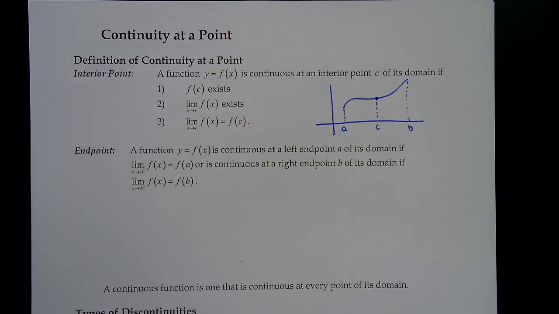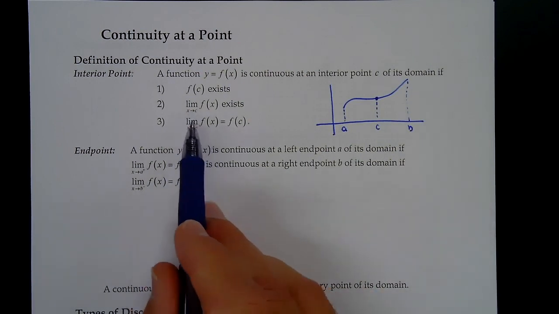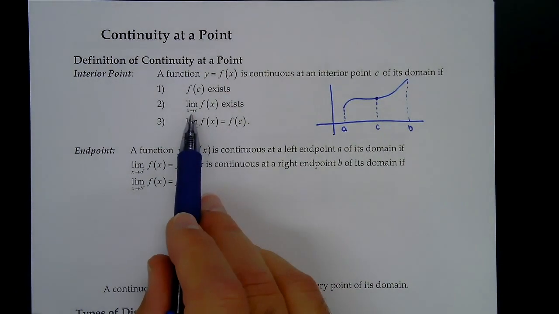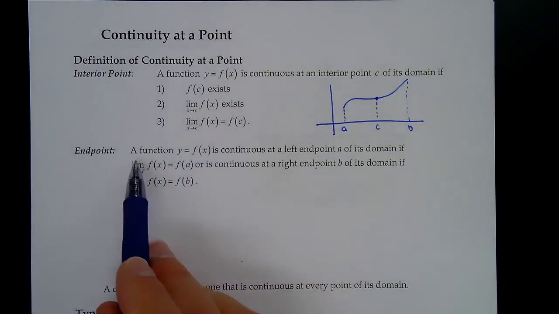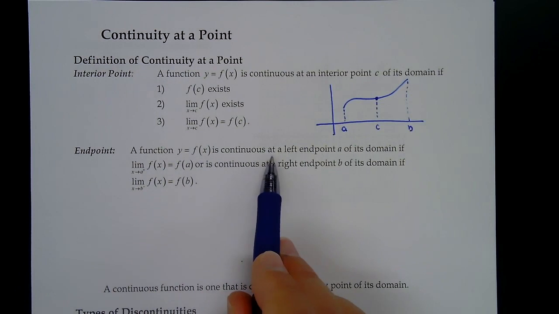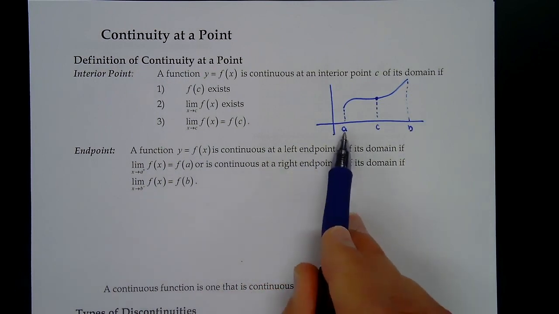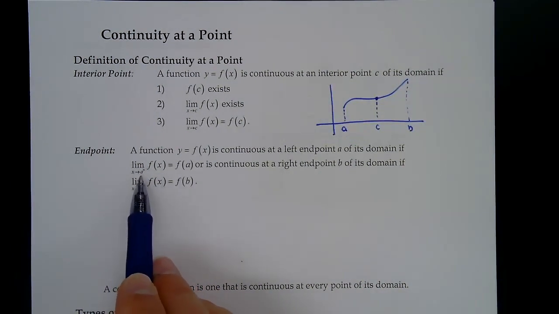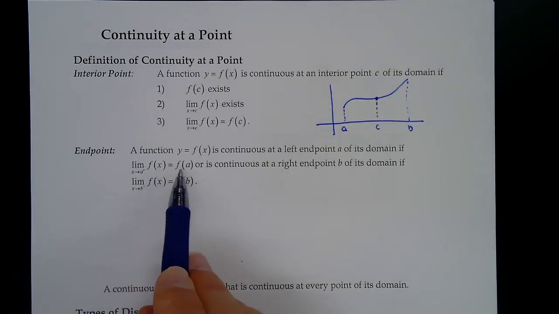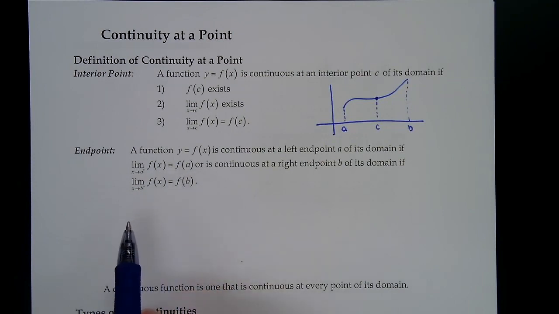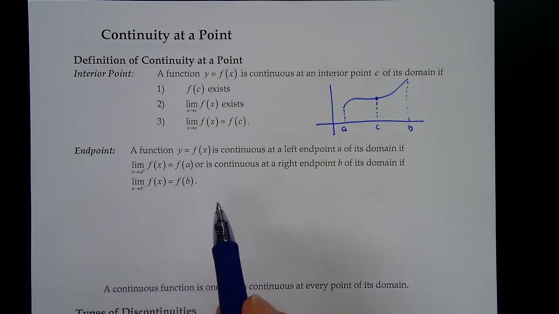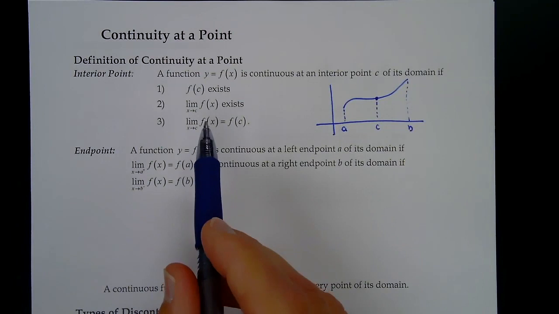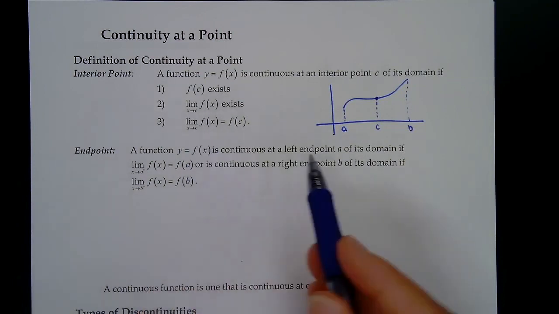So what about the endpoint? You can't do the two-sided limit, because you can't do the one-sided, right? A function y equals f of x is continuous at a left endpoint A of its domain if the limit as x approaches A from the right of f of x equals f of A. Basically, we just have to show that the function value exists and matches the right side.